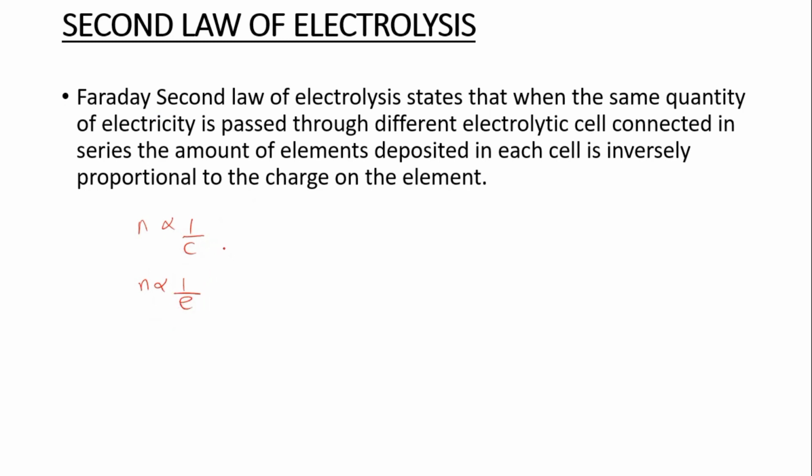So where C is charge, we'll denote it by E. Therefore, the amount in moles is going to be equal to K over E, and so N times E is a constant, where this constant is the quantity of electricity measured in farad.